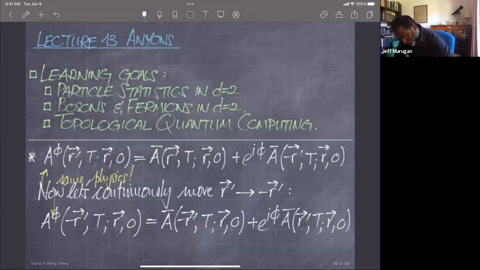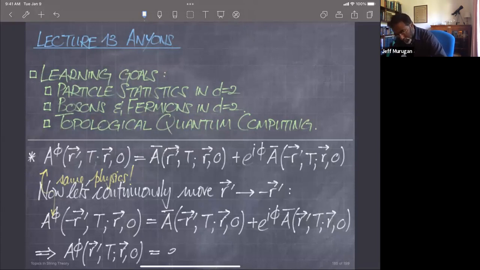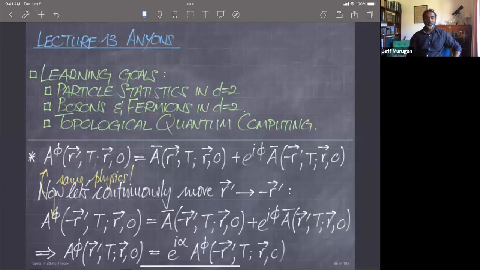So this means that A phi at R prime, T, R naught and A phi at minus R prime, T, R naught can at most differ by some phase like e to the i alpha.